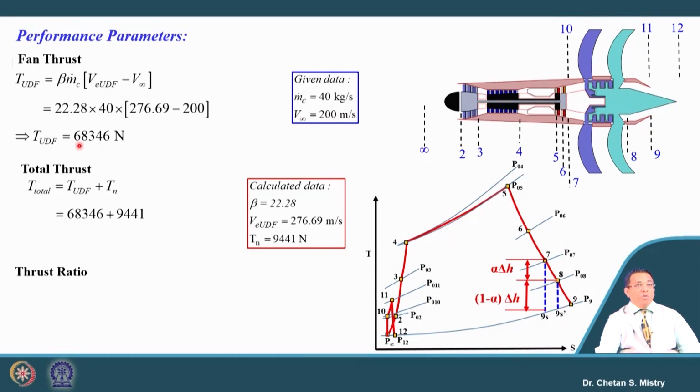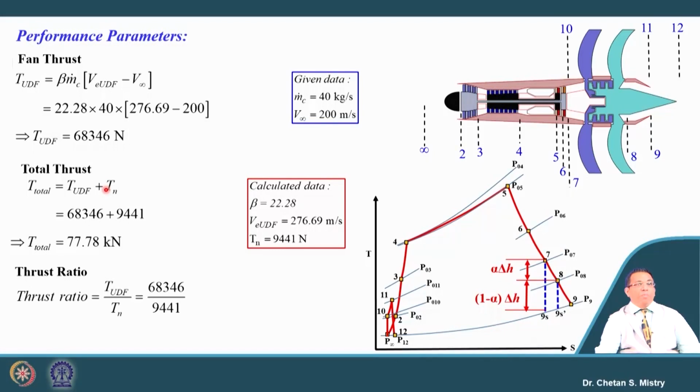So, a huge amount of thrust is being generated by the unducted fan, and there is a contribution by the core engine also. So, my total thrust generation is given by 77.78 kilonewton.